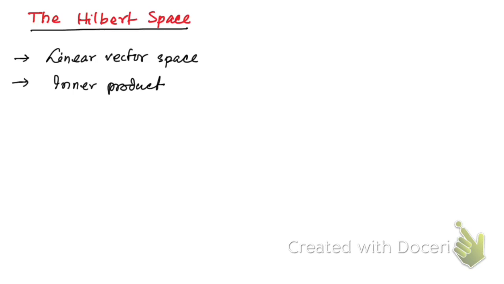Those properties of the inner product space were already discussed, and it must also have two additional properties. Hilbert space is represented by the symbol H, and it must be complete.